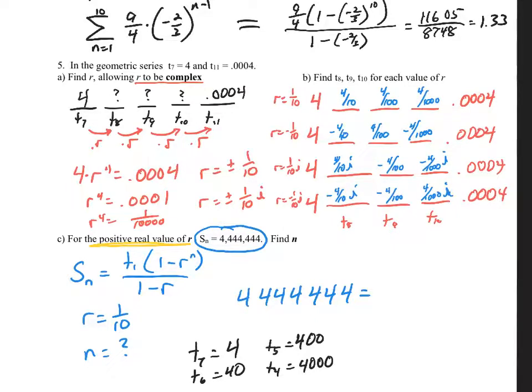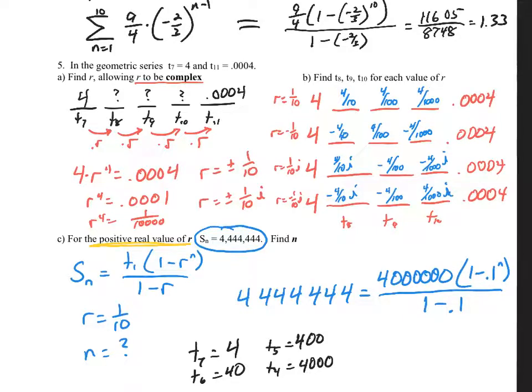So we know that this would be a 4 with 6 zeros, 4 million, times 1 minus 1/10, why don't we write it as 0.1 to the nth, over 1 minus 0.1. So we just have to solve this.